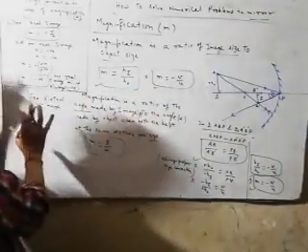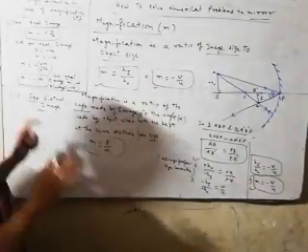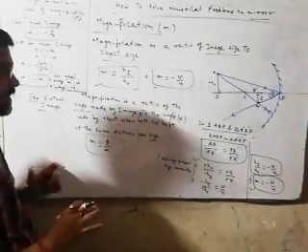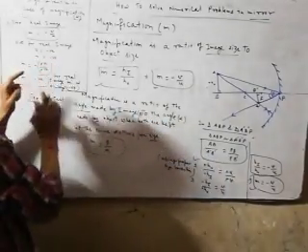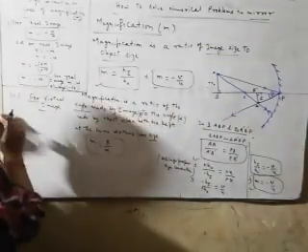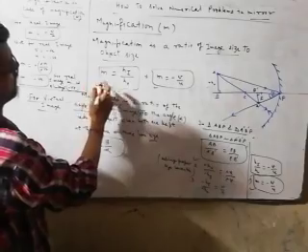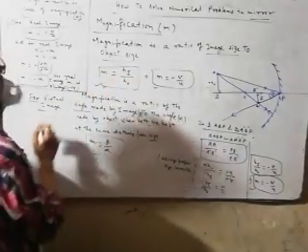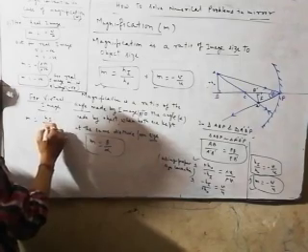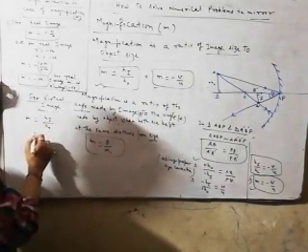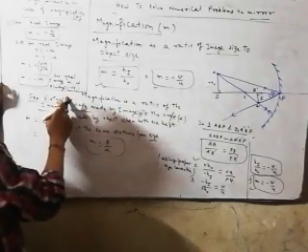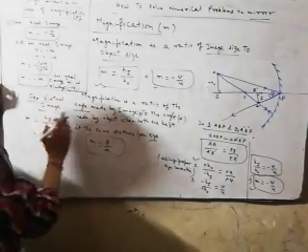For a virtual image, the sign convention will be very simple. Again we can decide like this: M is equal to minus V by U. This is our formula. We can decide from here, or we can decide from this formula also: M is equal to HI by HO. We know that a virtual image is always erect.